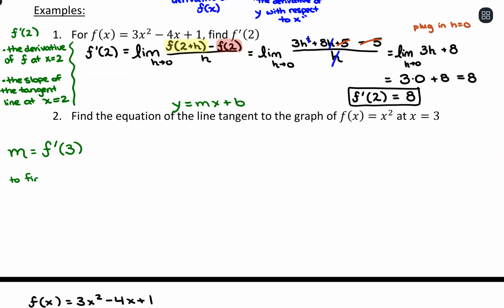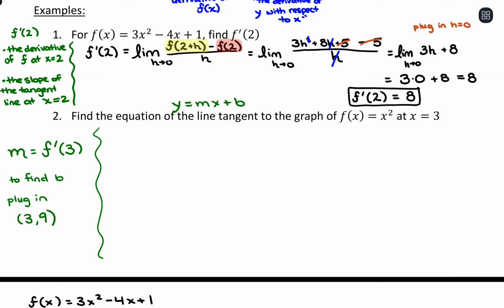Let me make little notes to myself. To find b, plug in the coordinate 3, and then our function is x squared, so 3 squared is 9. So there are some side notes of how we'll eventually get our function. Basically, our big piece is to find this derivative of f at x equals 3.